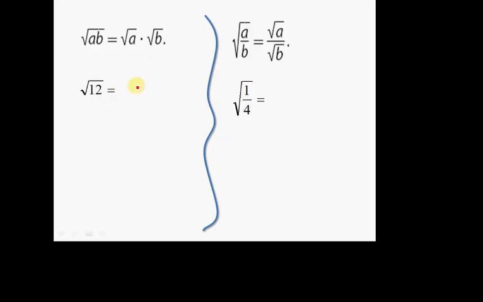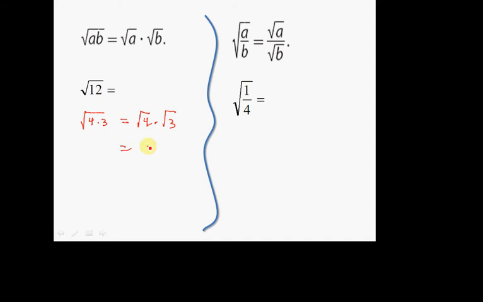Let's say we have the square root of 12. Well, what we can do is break up the square root of 12 into some of its factors and say 12 is 4 times 3. Then we can apply this property and say the square root of 4 times the square root of 3.